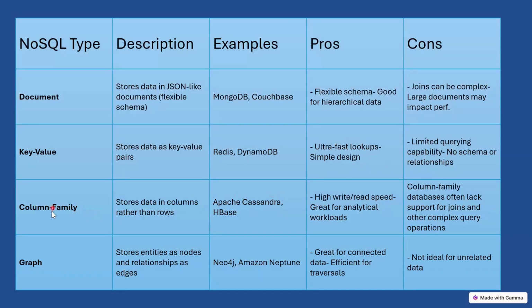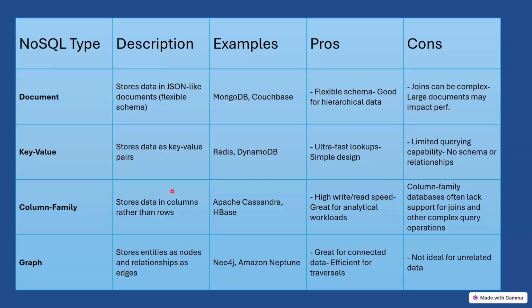And then there is another NoSQL type, like column family, right? Apache Cassandra, HBase, they store data in the form of columns, right? Instead of rows. In an upcoming section, maybe I will show you, right? When you are storing data in the form of columns, you will get better output if you are doing OLAP, analytical transactions. Let's say you want the sum or average of a particular column, right?